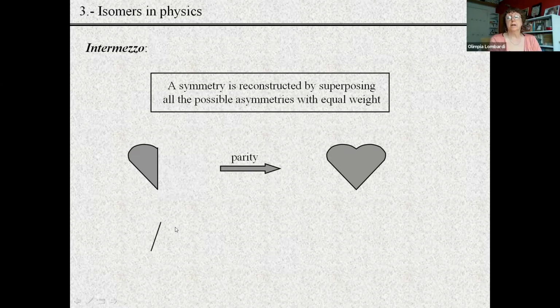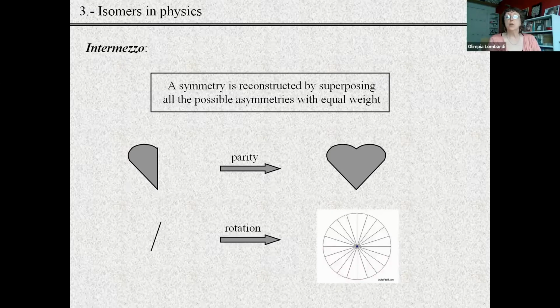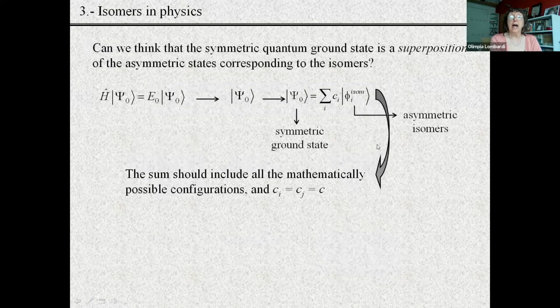If I have this segment and I want to reconstruct something rotationally symmetric, I have to superpose all the possible asymmetries to reconstruct the rotational symmetry. So in this case, I need to sum all the mathematically possible configurations with the same weight, with the same coefficients. The coefficients should be all equal.